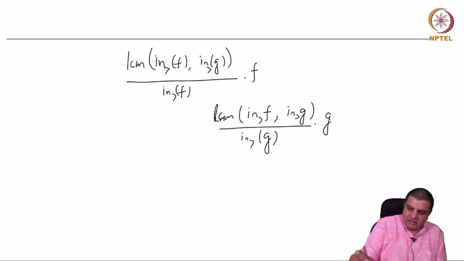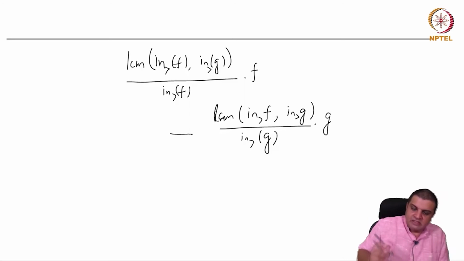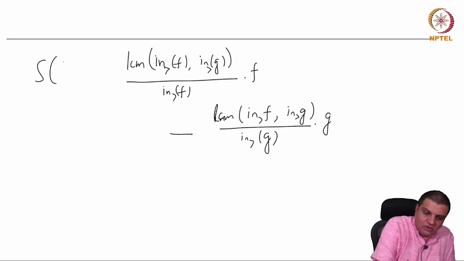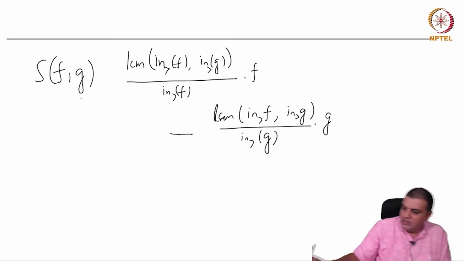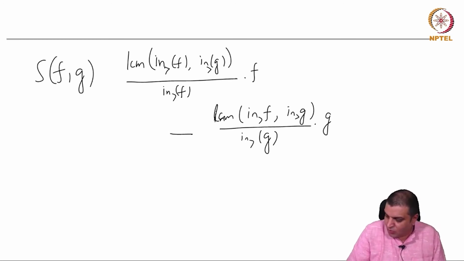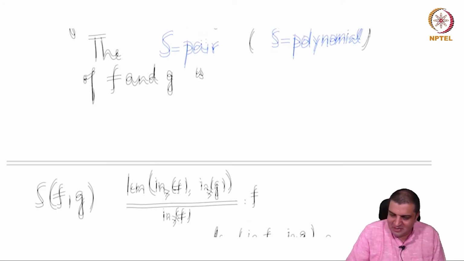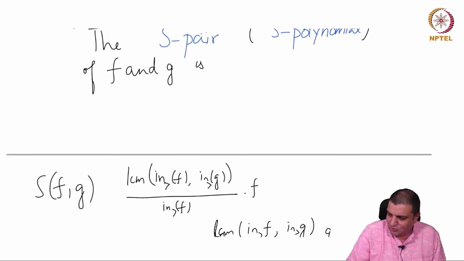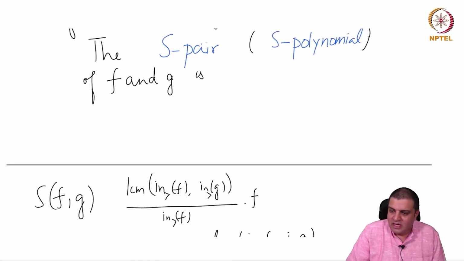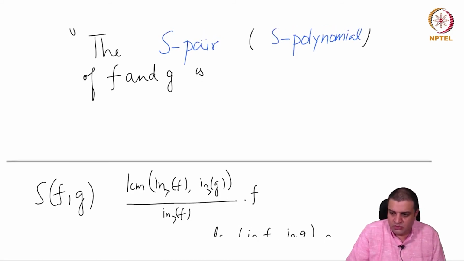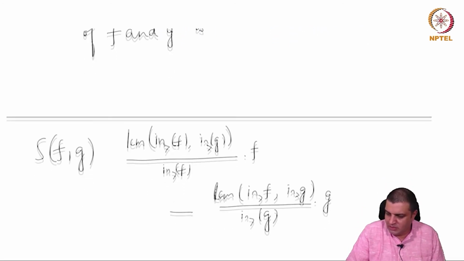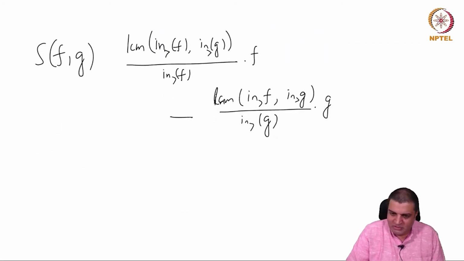So they both have the same leading term, and the difference is what is written S(f,g). This is sometimes called the S pair, although it is not clear why it's called a pair. Many books, and Macaulay also, use S pair, and some books refer to it as the S polynomial. We'll use both interchangeably.